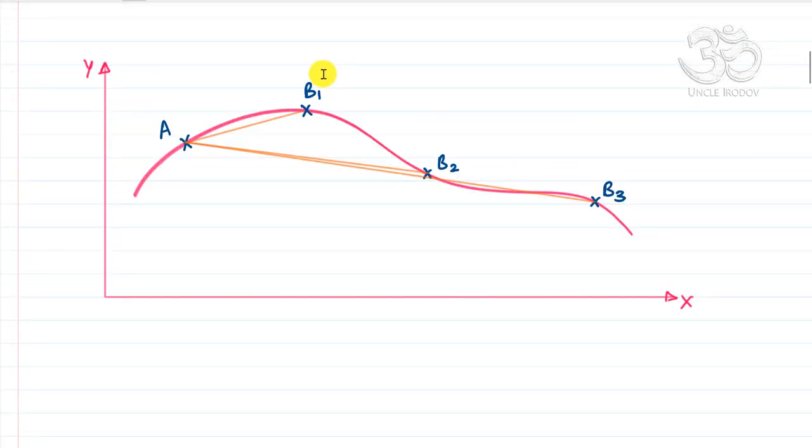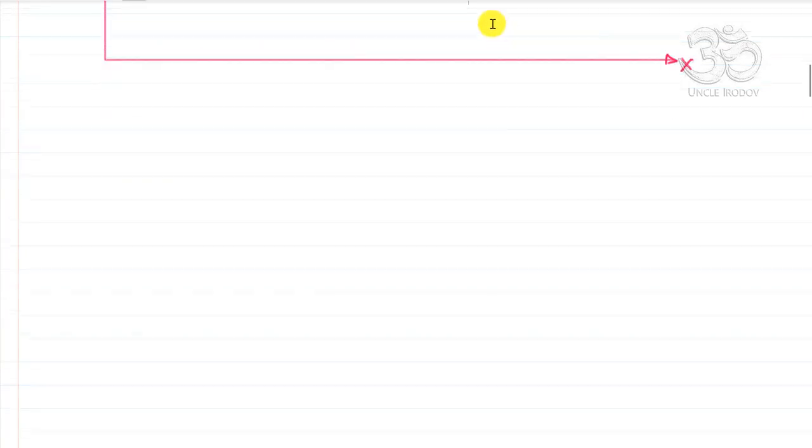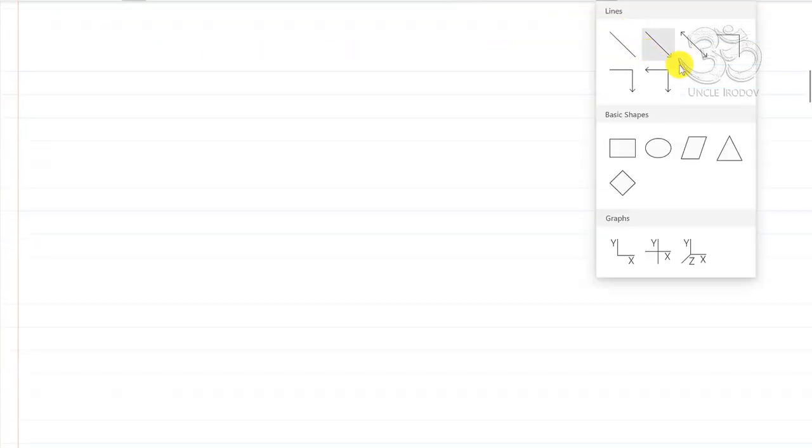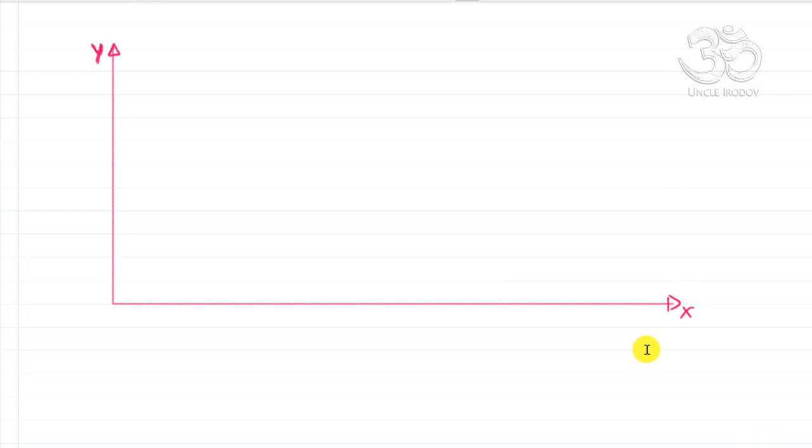So maybe if I take just a very small part of this curve, say I just draw this section AB1 of this curve on a graph below, you will be able to see that the section will look something like this here. This is the y-axis, this is the x-axis, and I'm talking about maybe this kind of a curve, right?